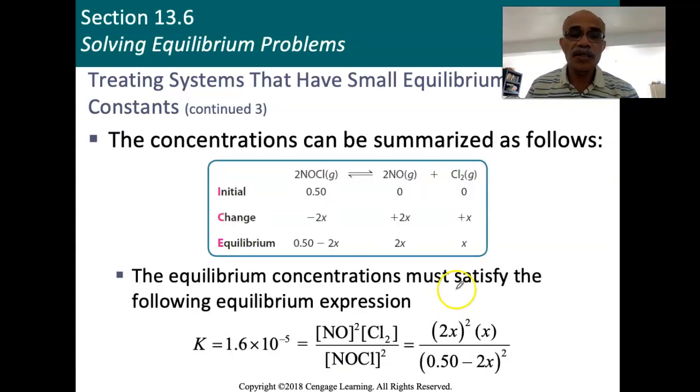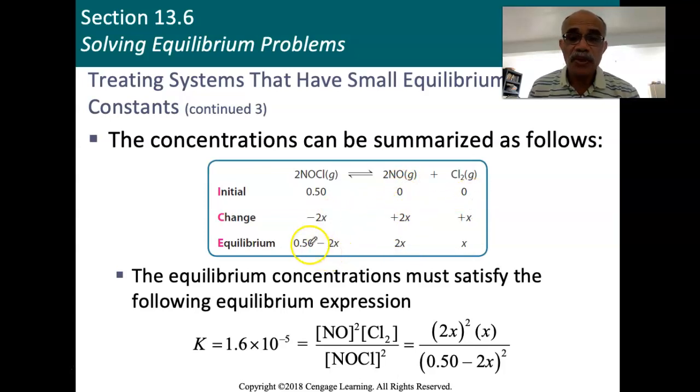Okay, see the ICE table. That's the balanced equation, initial quantities, and now you have the change, minus 2x, because this is consumed, plus 2x, plus x. So now the equilibrium concentration will be initial minus this, initial plus this.